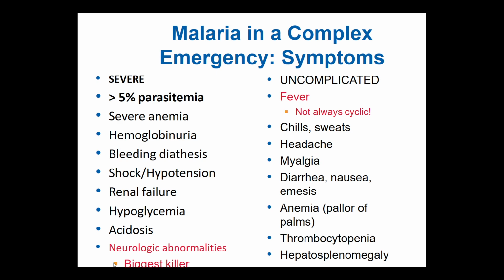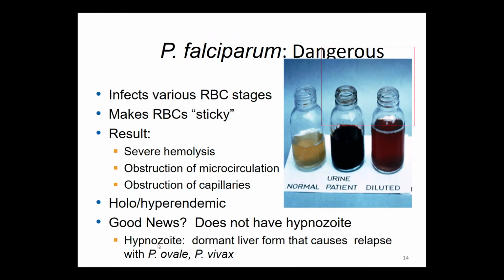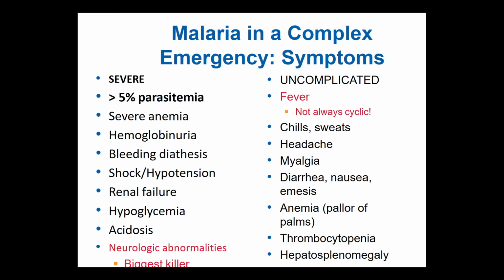In severe forms, more is added. To begin with, parasitemia is more than 5% of the blood, and it's really high. Anemia is severe. Yes, it may even need blood transfusion to cure it. Hemoglobinuria may be present. Bleeding diathesis, shock, hypotension, renal failure, which, as you see in the previous form, is due to obstruction of microcirculation and capillaries, maybe in the kidneys, and it may lead to renal failure.